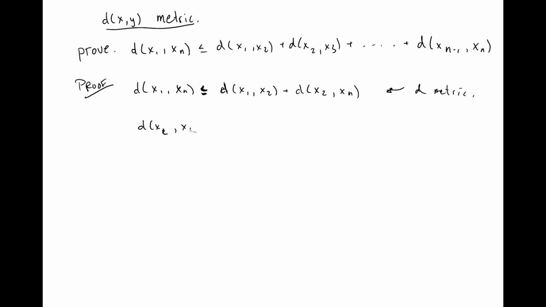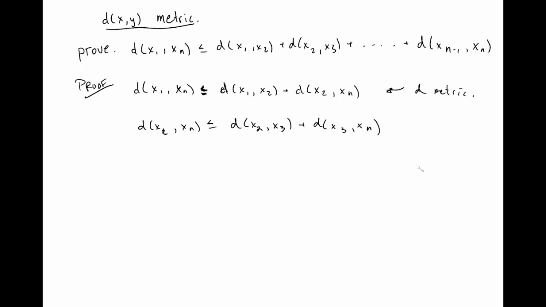And we have d(x2,xn) is less than d(x2,x3) plus d(x3,xn), right?